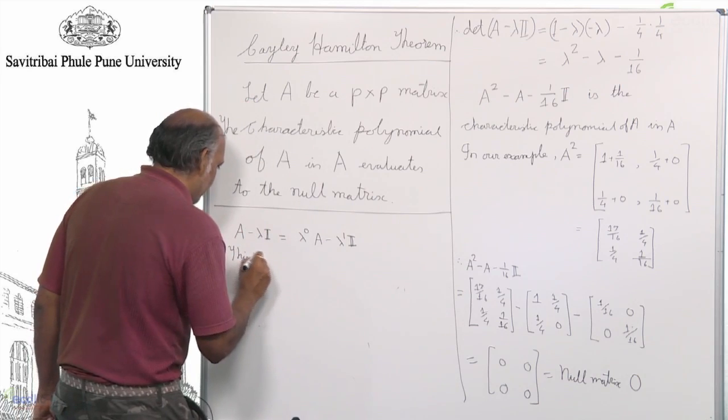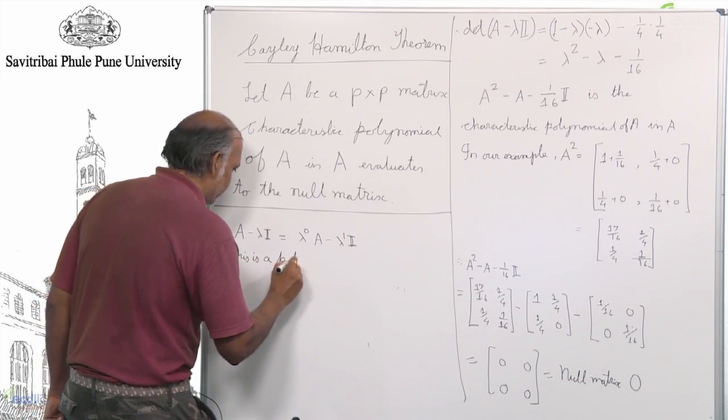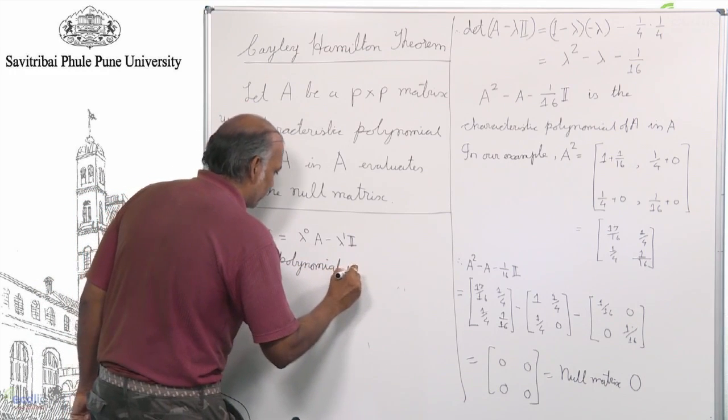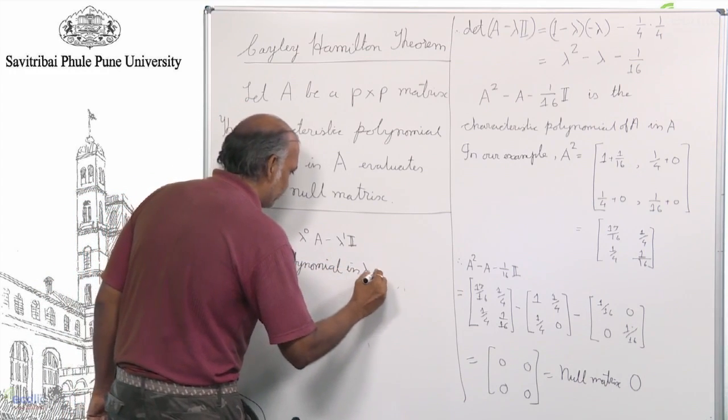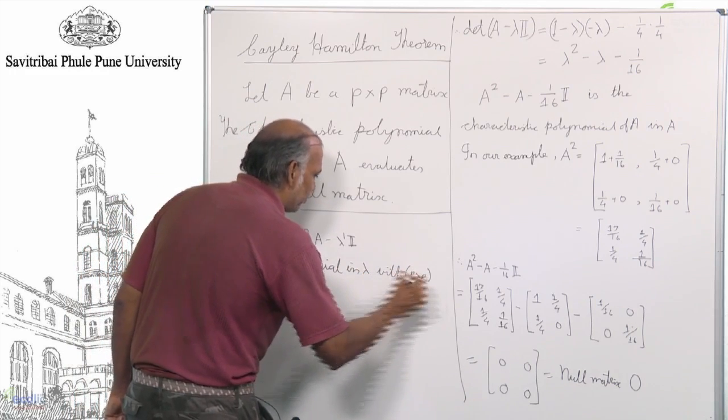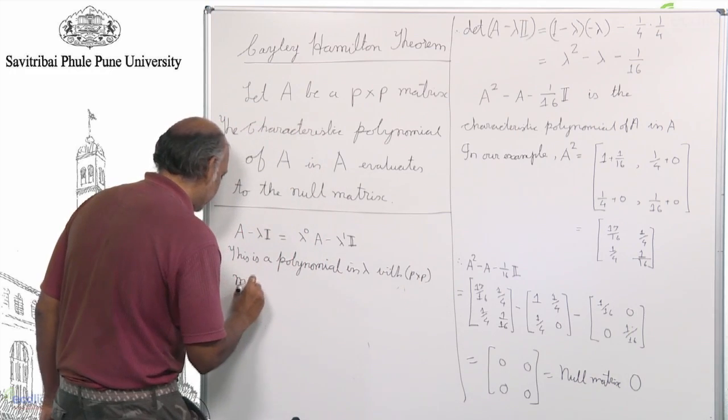This is a polynomial in lambda with P by P matrix coefficients.